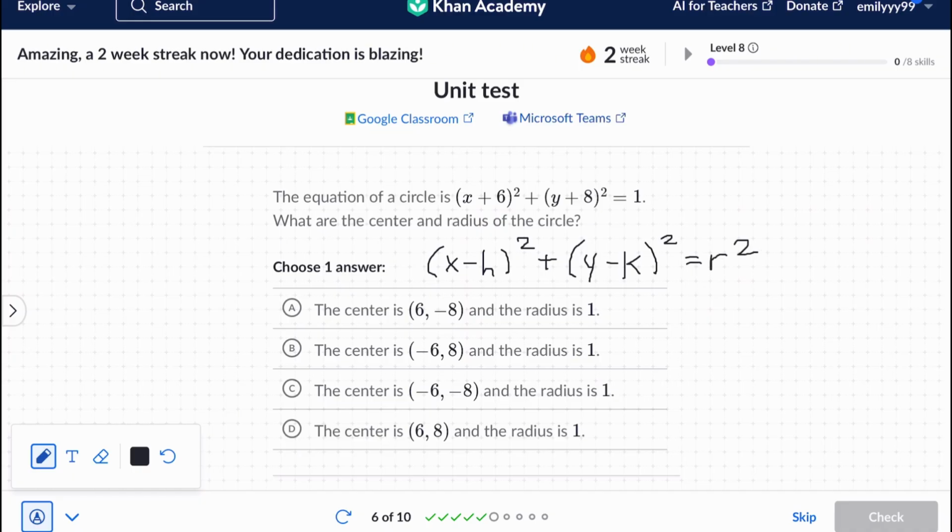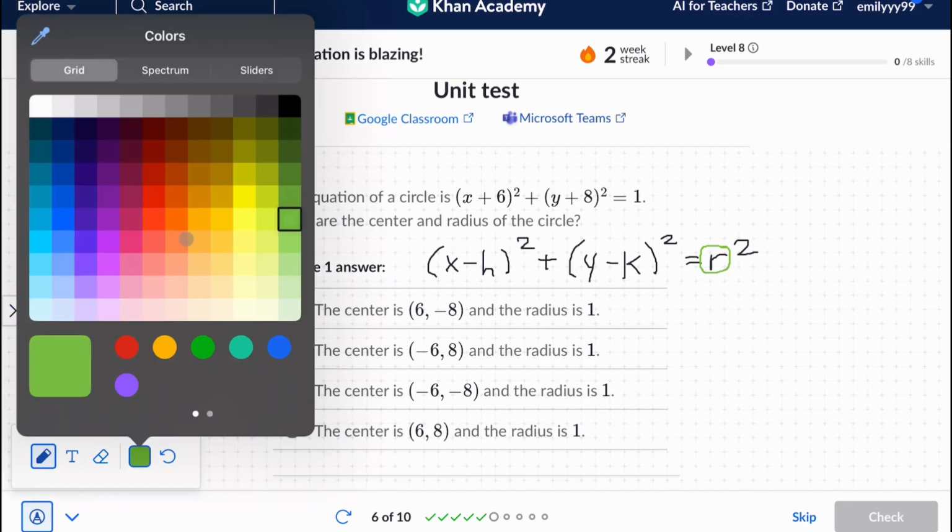If I draw a graph here and then draw a circle, and the center is at this point right here, and that's the radius, or the radius could have been drawn this way too, it doesn't really matter. So r represents the radius. It's actually going to equal the radius squared. If the radius is 3, then this is 3 squared, which is 9.